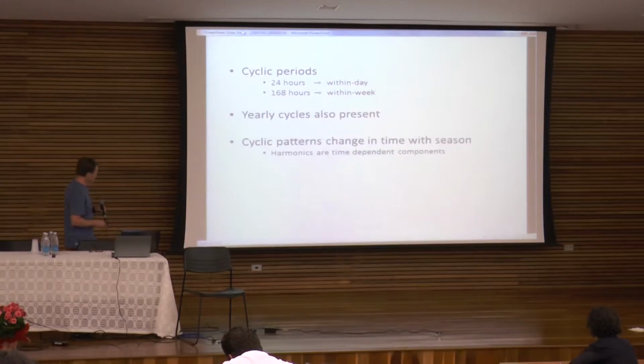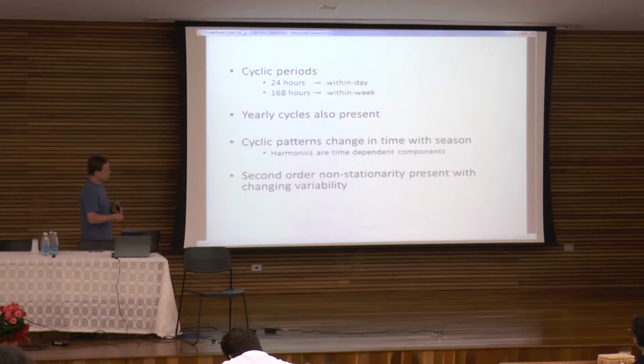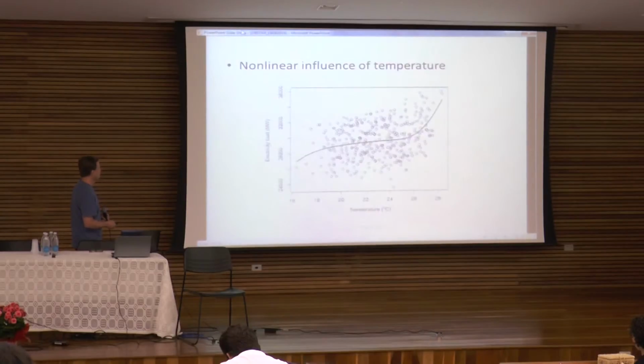So cyclic patterns change in time with the season. Harmonics are time-dependent components. So basically, the polynomial GLM is a harmonic one for this application. We also have a harmonic component to represent the cyclic periods. Second-order non-stationarity is present, with changing variability.